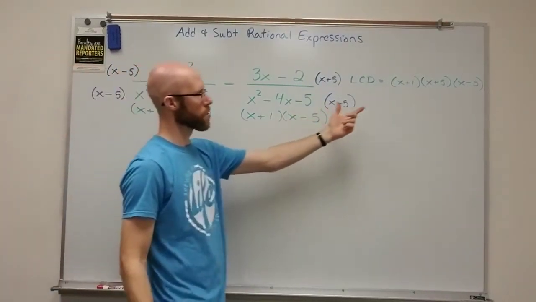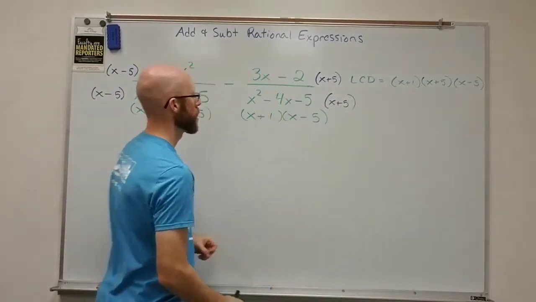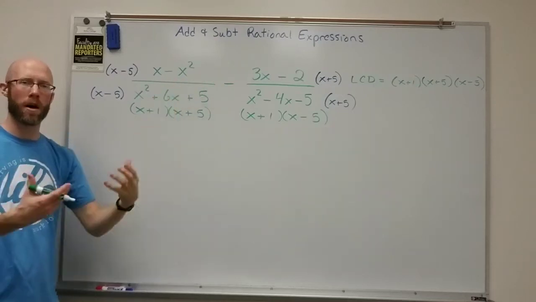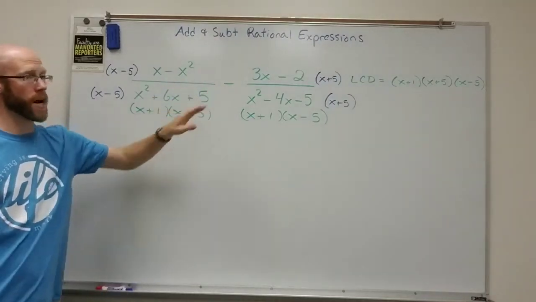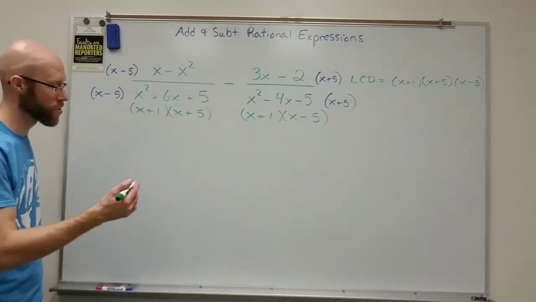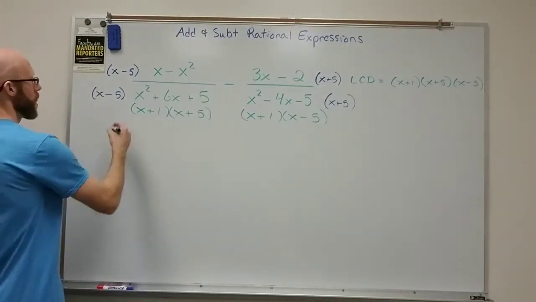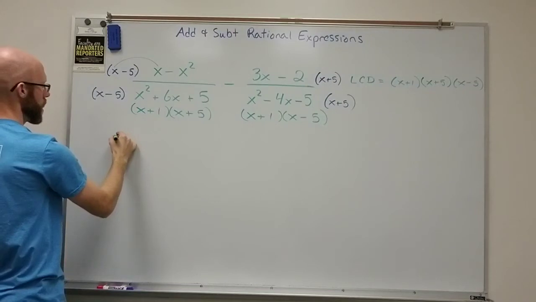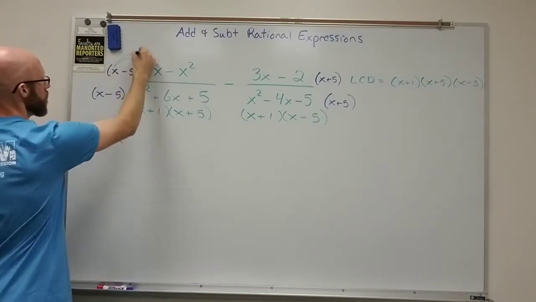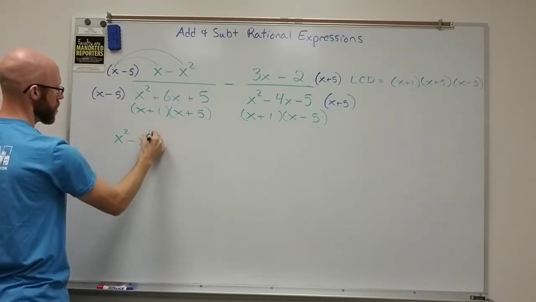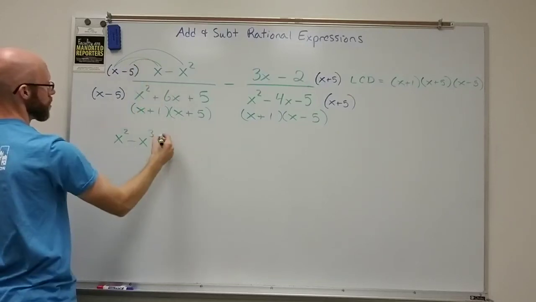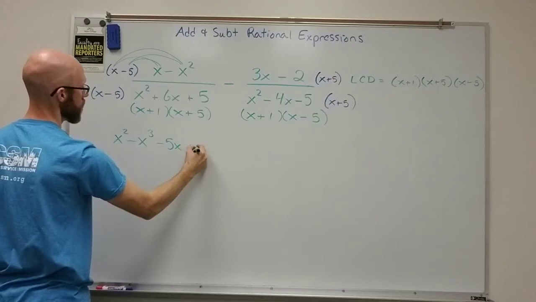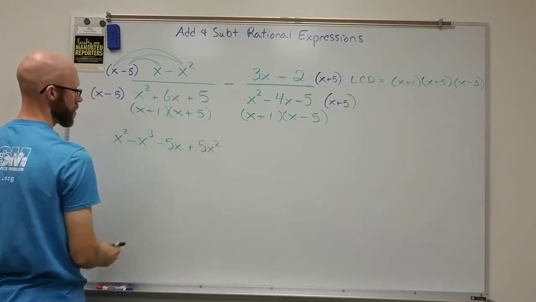And really they're each going to be this LCD. The numerators, however, I'm going to go ahead and distribute so that I can combine the terms when I subtract the two fractions together. So on top, I'm going to go ahead and distribute. That's going to be x squared minus x cubed minus 5x plus 5x squared.